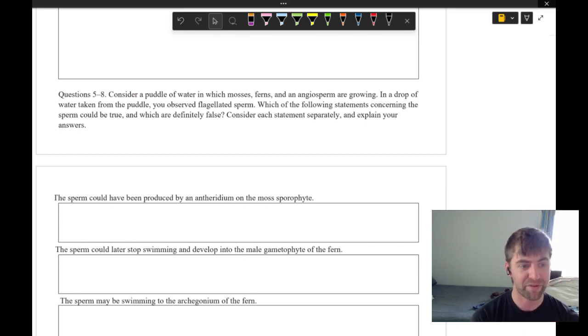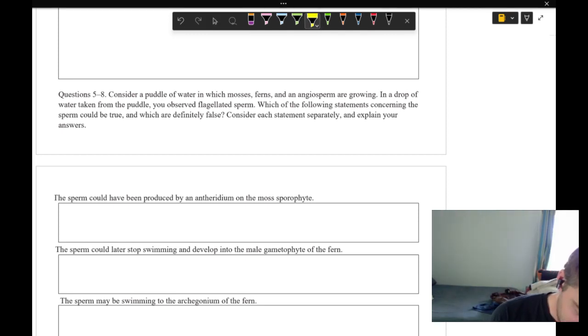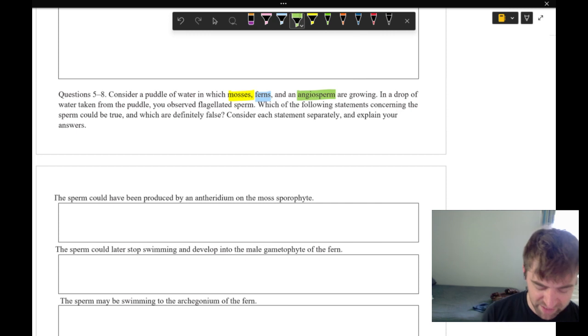Consider each statement separately and explain your answers. So first, let's look at the problem. We have mosses, we have ferns, we have angiosperms. Angiosperm, I believe, just means that it produces seeds, which might be a hint.